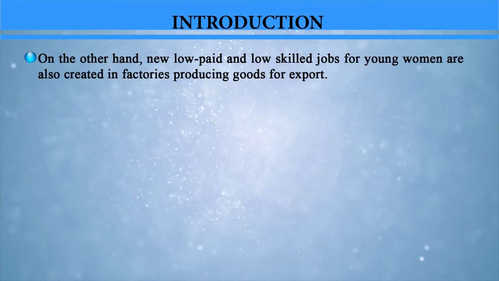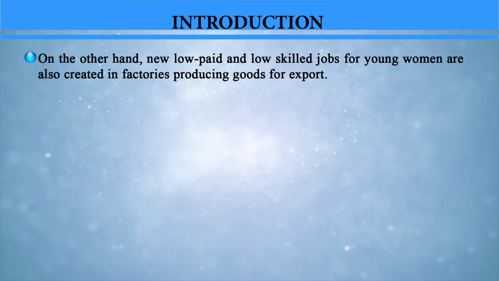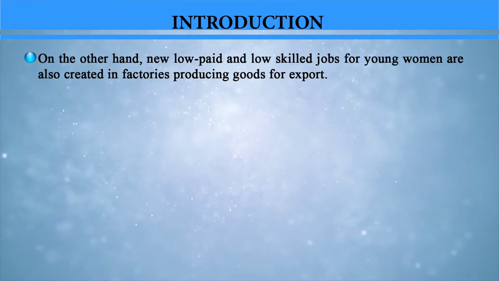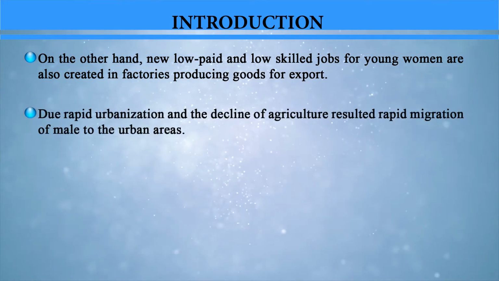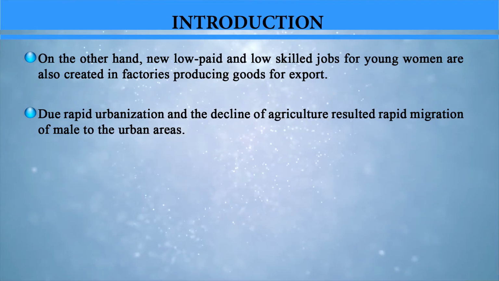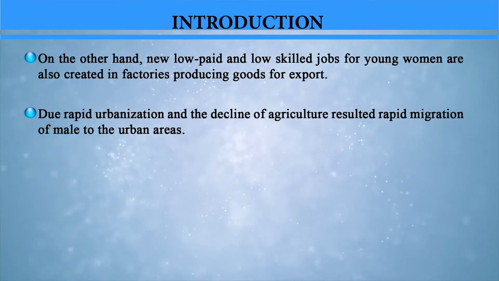On the other hand, new low paid and low skilled jobs for young women were also created in factories producing goods for export. Due to rapid urbanization and the decline of agriculture, there was rapid migration of male members to the urban areas. In this globalized economy, the first thing is the introduction of new technology in every sector.